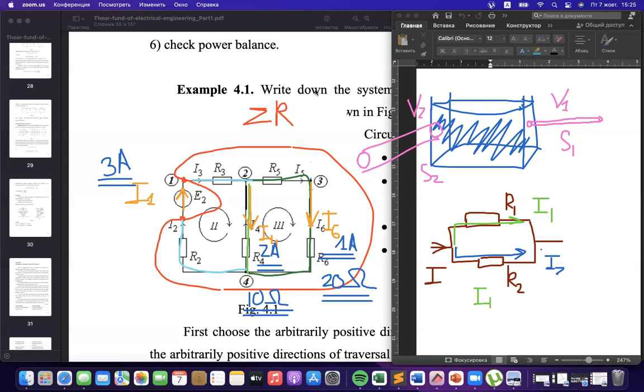The ratio of these currents will equal the ratio of conductivities, which is denoted as G, conductivity in Siemens, how simply current will flow between these two resistors. And conductivity is the opposite value of resistivity, because resistivity tells us how hard it will be for current to flow through this object.